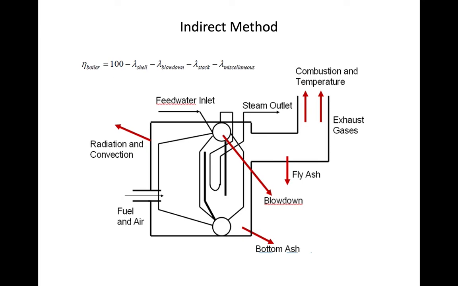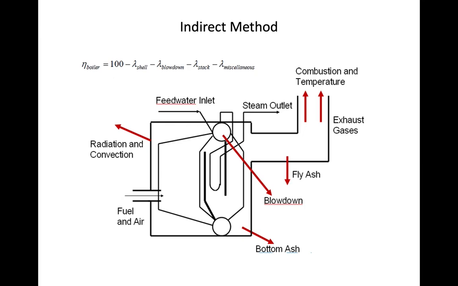That is bottom ash and fly ash, because we know that coal contains a certain amount of ash, and this ash becomes a product of the combustion. This ash is divided into two kinds: bottom ash and fly ash.